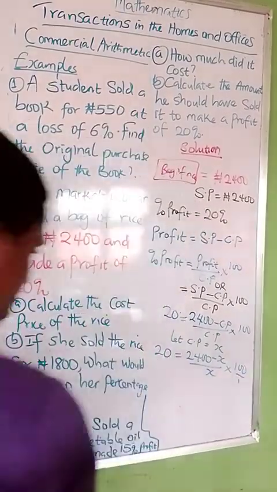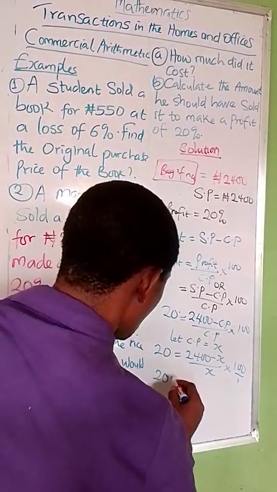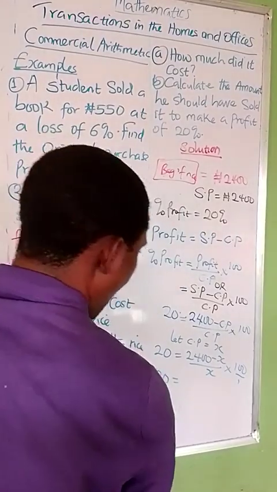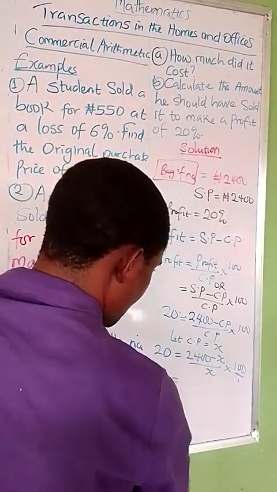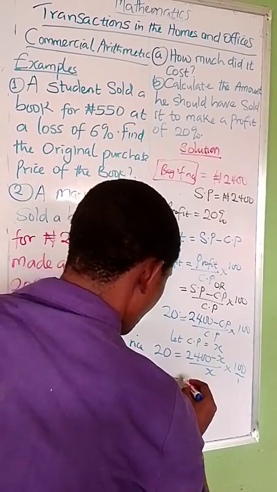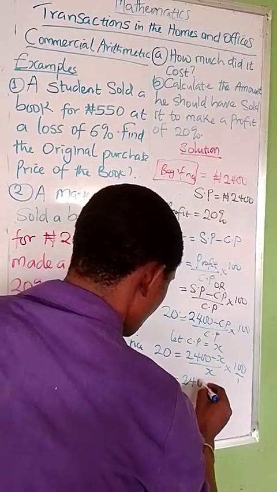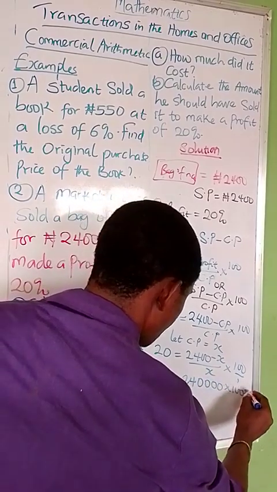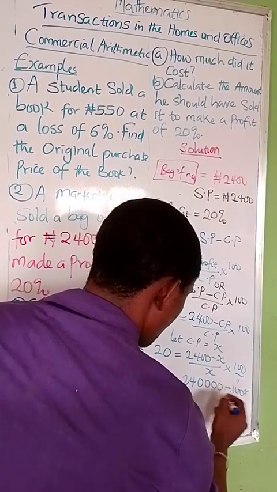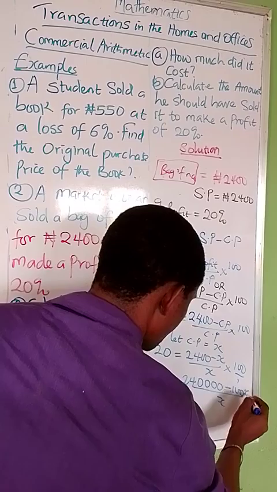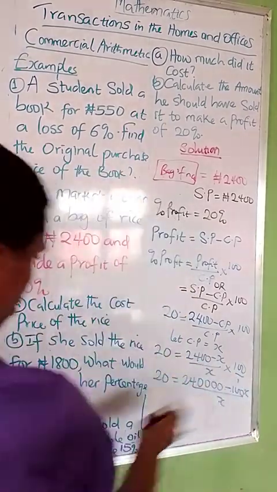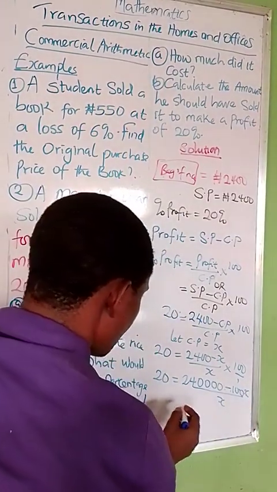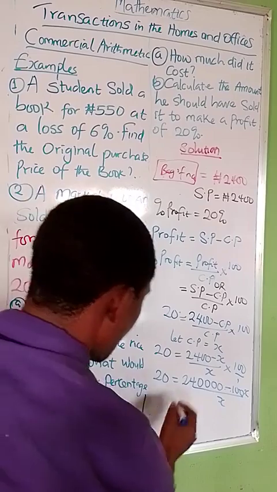So this is the same as 20 equals, if you multiply this together, 100 times 2,400 minus 100x over x. So multiply 100 by all those. What happens if you cross multiply?